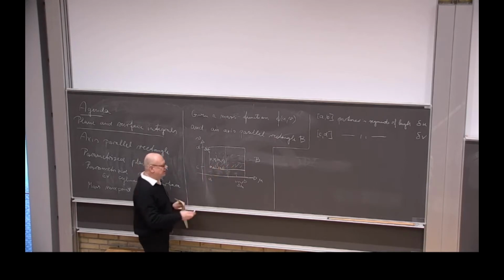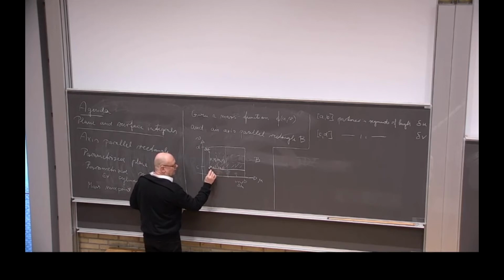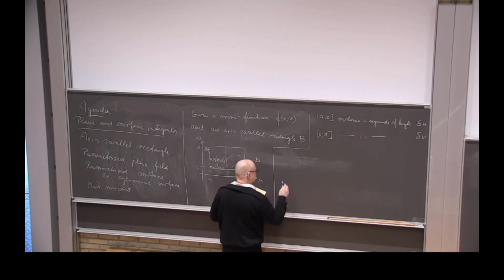What I do is that I take the mass function in that point, and then I multiply by the area, and then I add the mass of this by taking the mass function at that point and multiply it by the area. So let's say that.